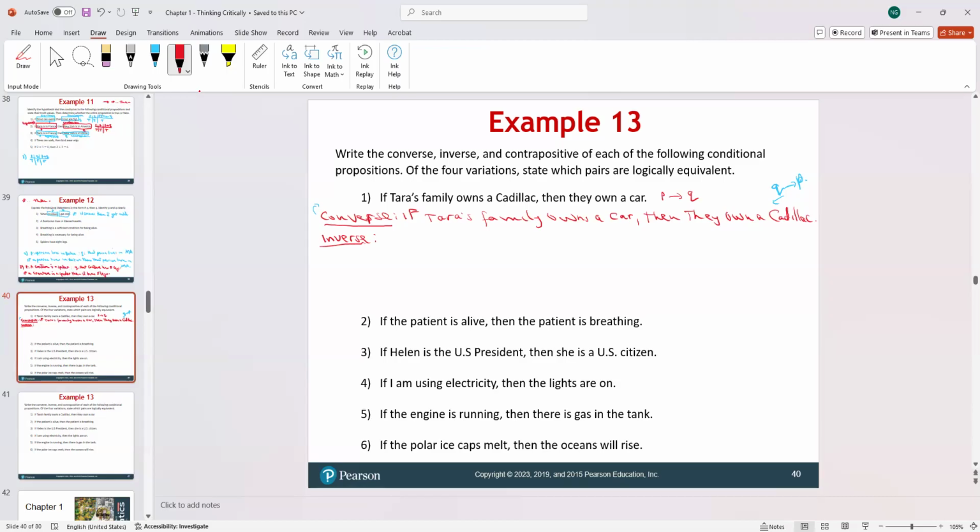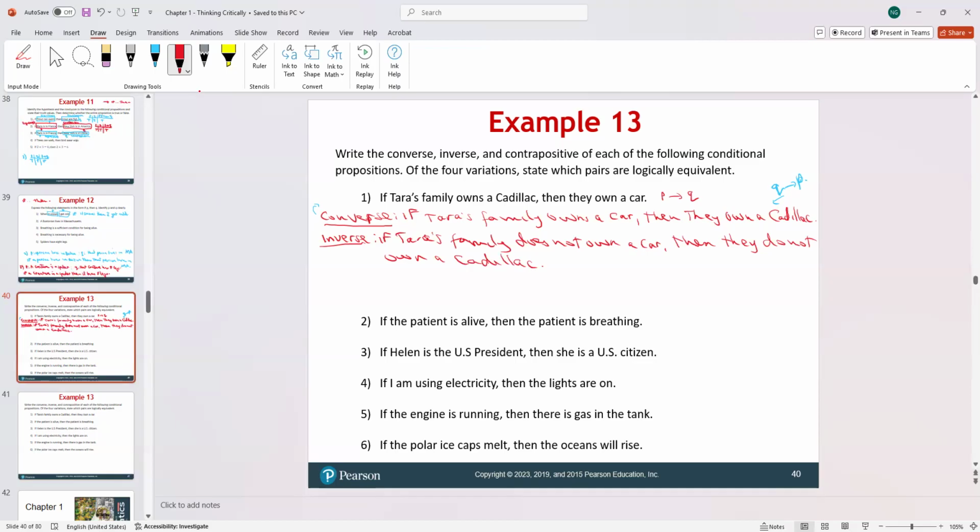If Tara's family does not own a car, then they do not own a Cadillac.